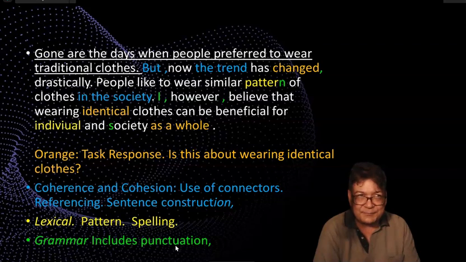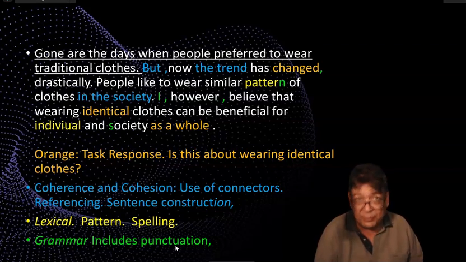Drastically. People like to wear a similar pattern. Okay, no. A pattern, when it comes to clothing, is a very specific thing. It's the thing that the tailor uses to make the clothing. It's a drawing. People don't wear patterns. People wear styles.